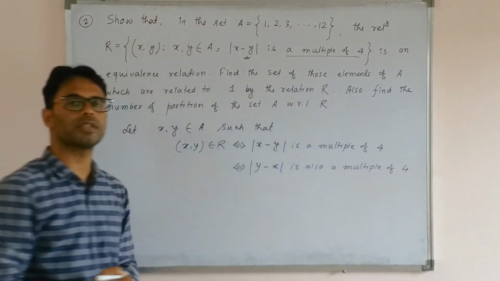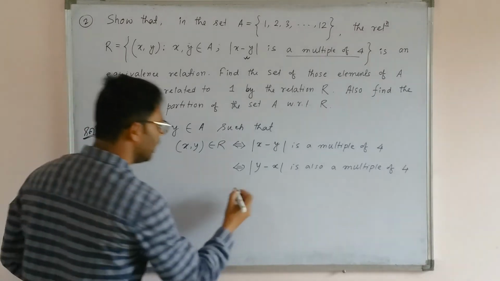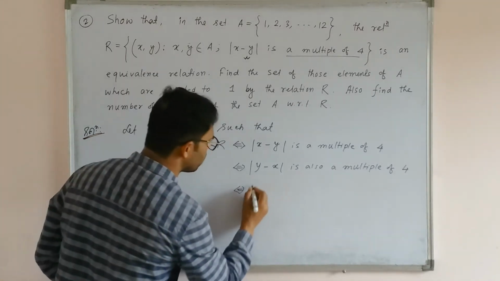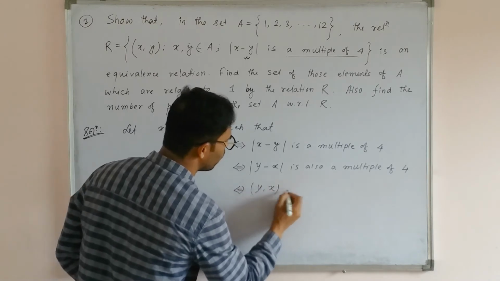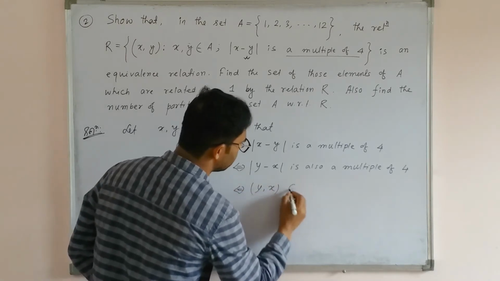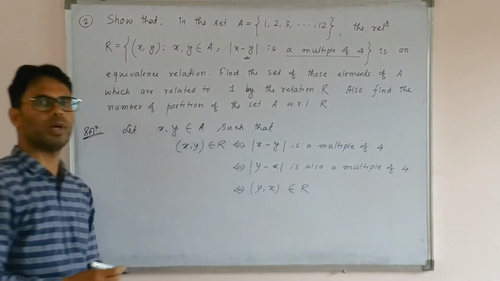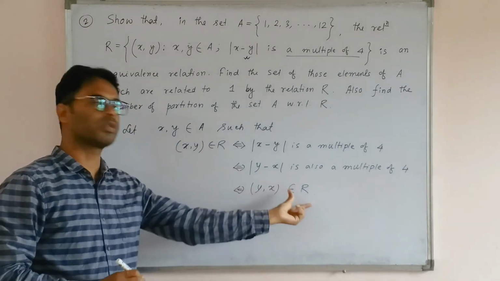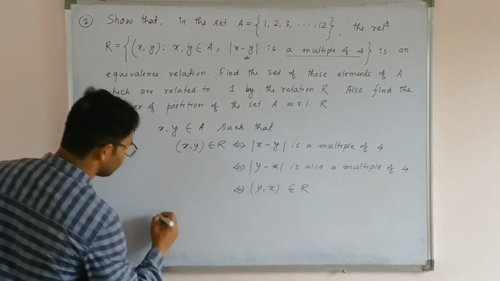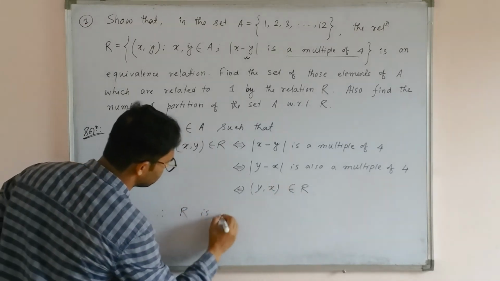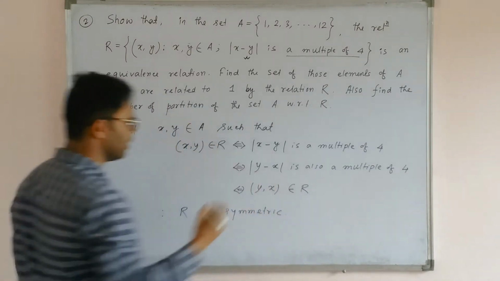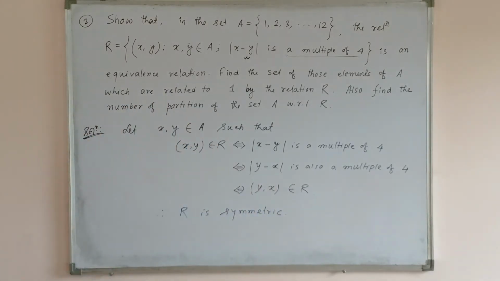So y minus x এটা 4 ৰ multiple হবে, and when y minus x is a multiple of 4, লগে লগে corresponding ordered pair yx is in R. yx to R থাকি যাব, তার মানে xy is in R, we see that yx is also in R. So therefore R is symmetric. So second condition was satisfied.